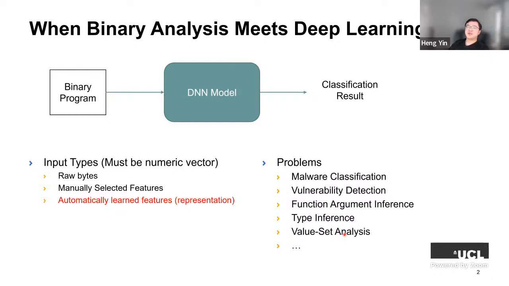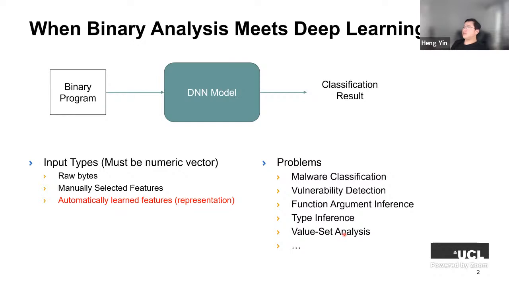Essentially, we use a binary program as the input, and it feeds into some kind of deep neural network model, and it will produce some classification or inference results. So here, the very first question that we have to think about is what kind of input we need to feed into a deep learning model.